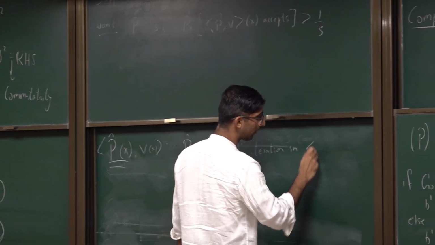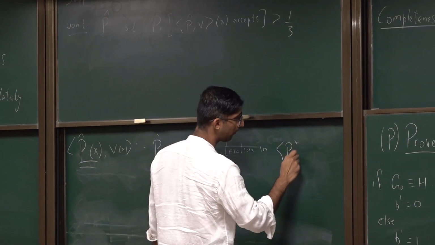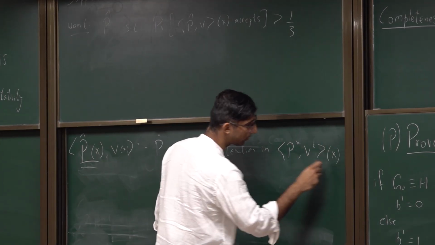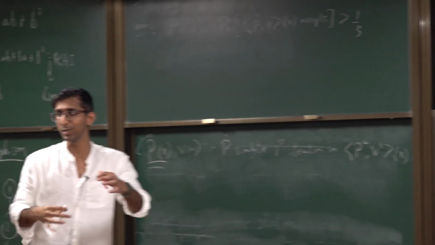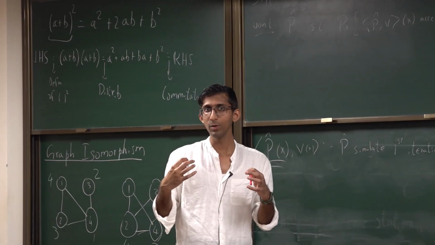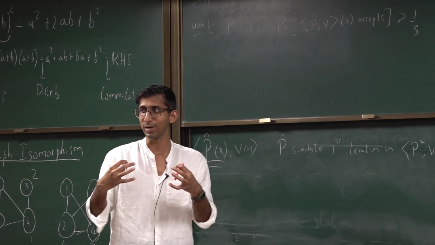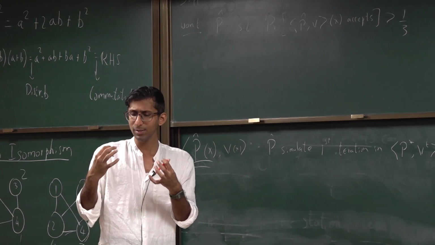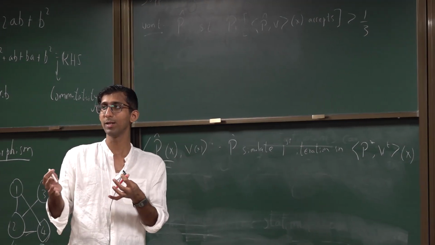In this interaction, when p star interacts with this vt, it has t iterations, right? But what p hat is going to do is run just the first iteration and see whether the iteration accepted.